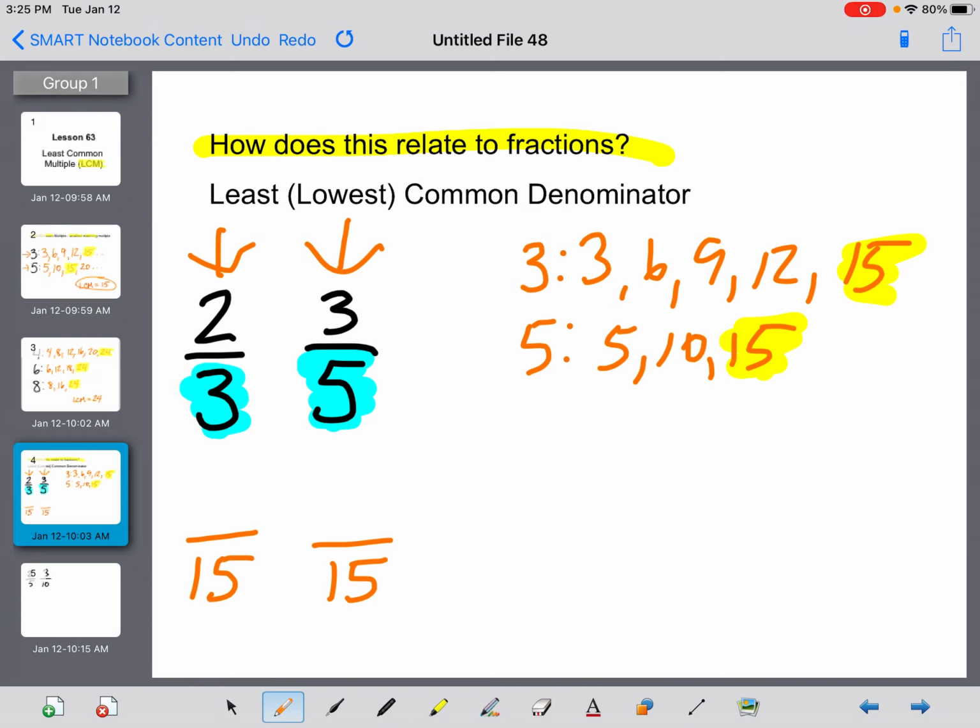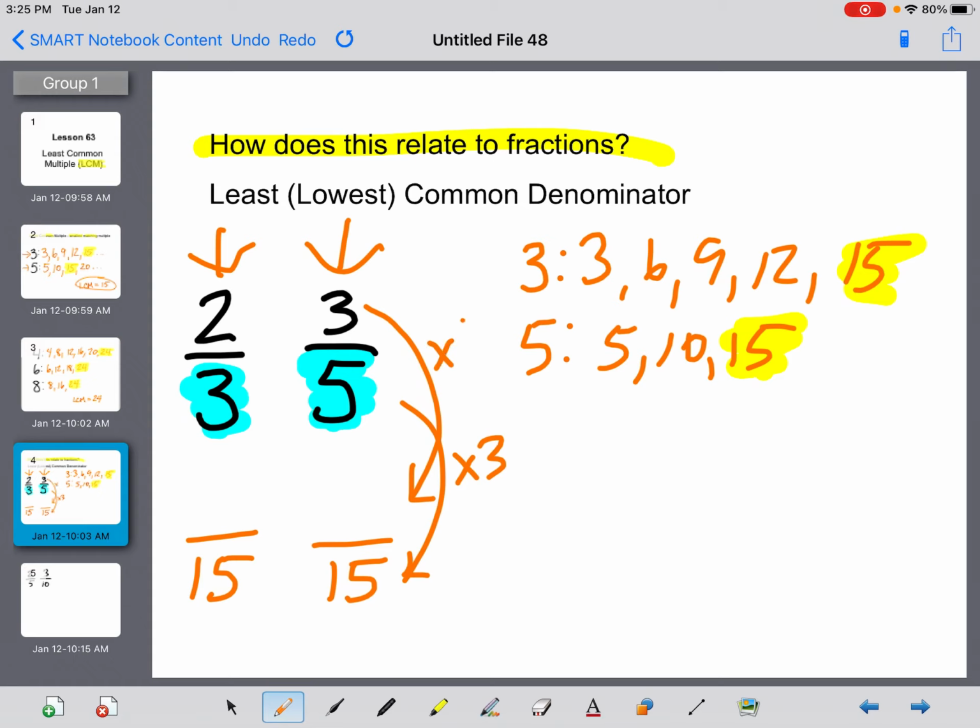All you have to do to make equivalent fractions like we learned last time is multiply. So we're going to take the denominator of 5 and you think to yourself, what times 5 gets me a 15? Well, 3 does. So 5 times 3 gets you a 15. And just like we learned last time, you can't just multiply the denominator, you have to multiply the numerator as well for the fraction to be equivalent.